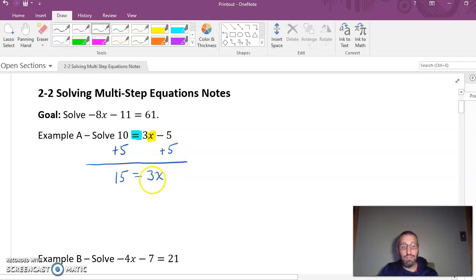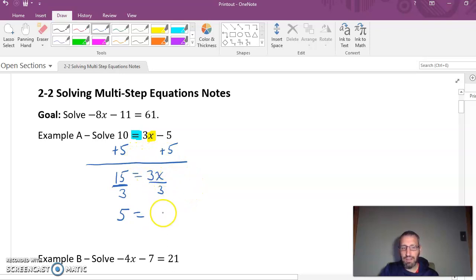I need to do one more inverse operation. Right now, 3 and x being right up next to each other, that's a multiplication problem. So the inverse of multiplying 3 by x is going to be dividing by 3. And again, if I need to do that to the right side of my equation, I also have to do it to the left side. So 15 divided by 3, there are 5 3's in 15.